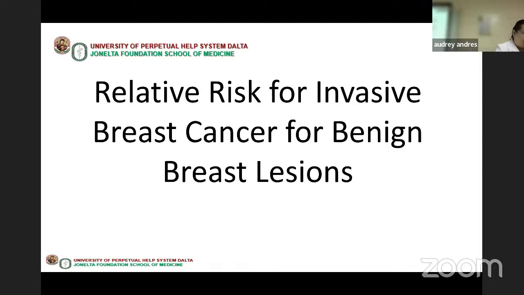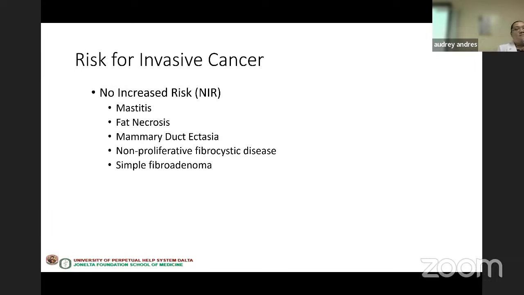So why is it important to differentiate these breast tumors? Because they have different relative risks for invasive breast cancer to develop. Among the following, no increased risk for invasive cancer would be mastitis, fat necrosis, duct ectasia, non-proliferative fibrocystic disease, and simple fibroadenoma.